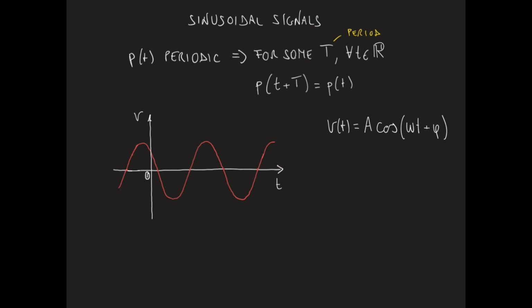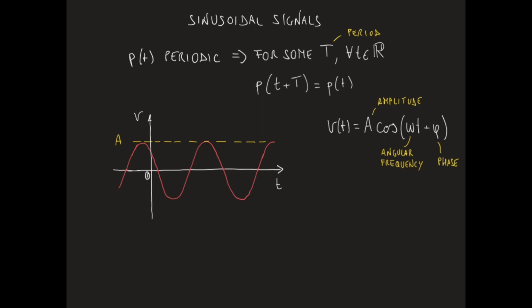In this function, A is called the amplitude of the signal, omega is called the angular frequency, and phi is the phase of the signal. The amplitude A corresponds to the peak value of the signal.